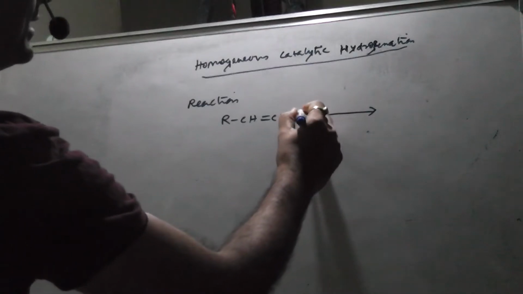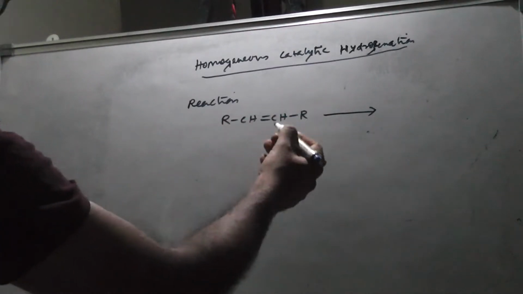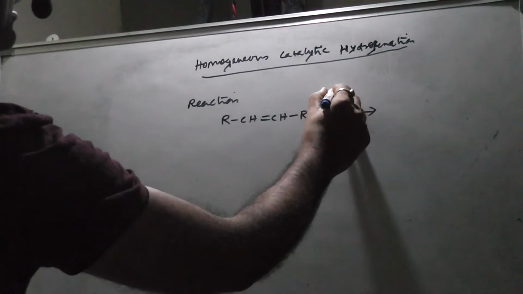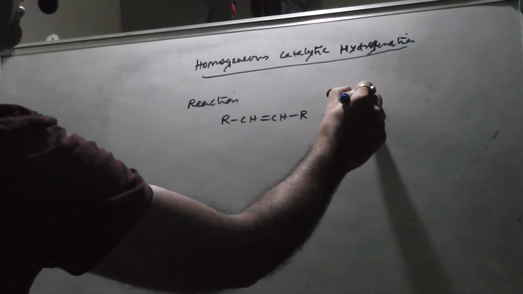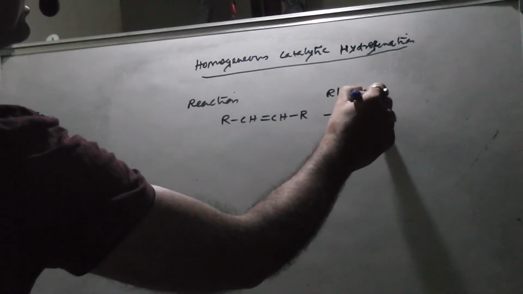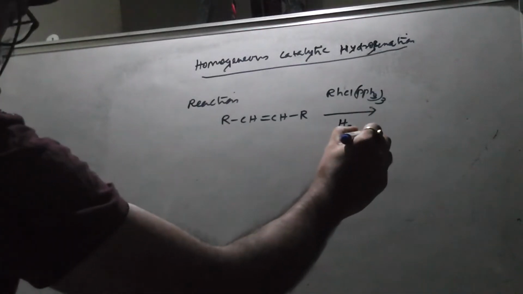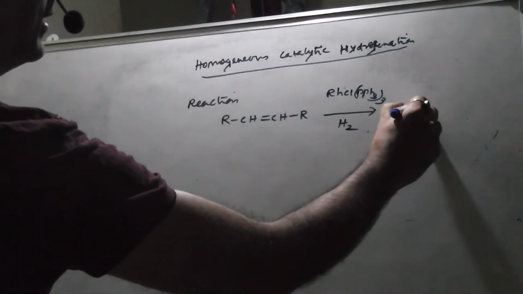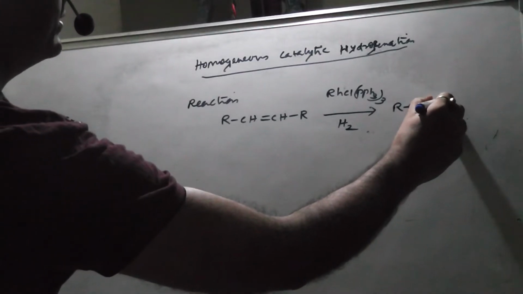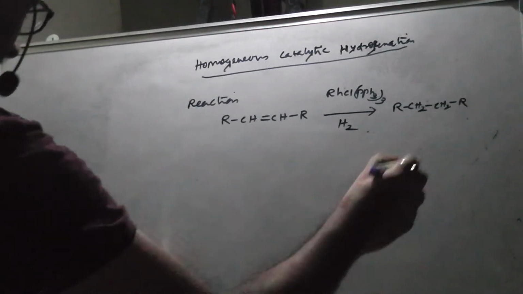It's an arbitrary alkene where R groups are there. It's a disubstituted alkene, and we are using Wilkinson catalyst. So the reduced product is RCH2CH2R.